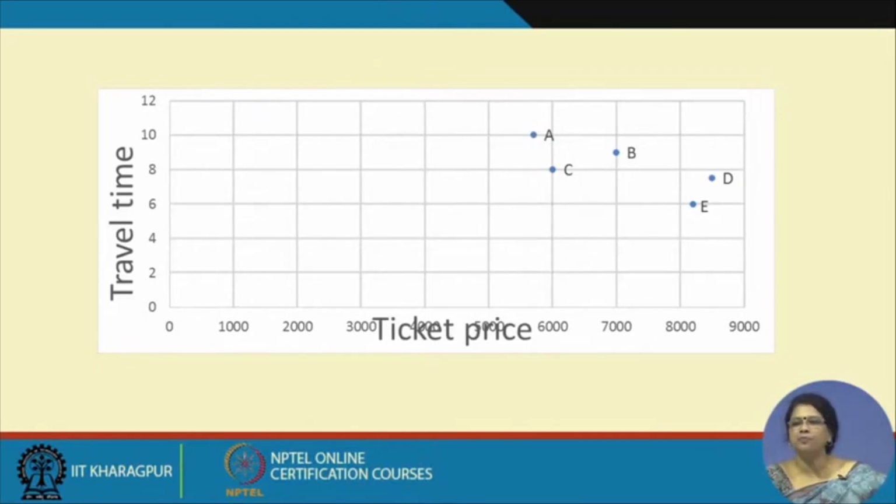Generally, for a single objective we have total ordering: we know the objective function value at different points and can select the minimum. But here, getting the minimum for both is really difficult. That is why we need to learn how to handle the multi-objective problem.